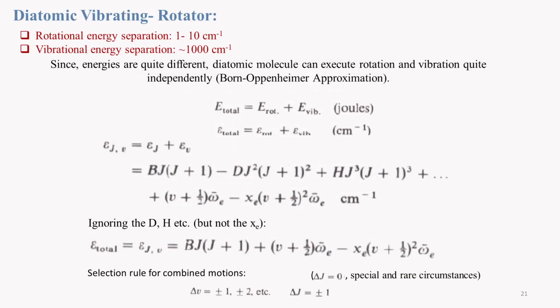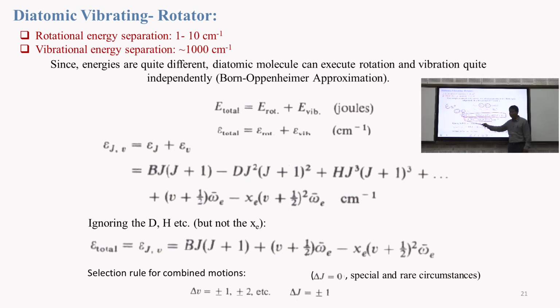The E J expression is B J (J plus 1) and then smaller terms, plus the vibrational energy, which we just discussed considering the anharmonic oscillator model. We are simply writing them side by side.